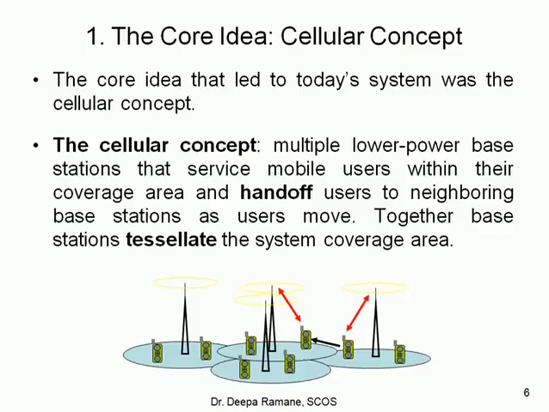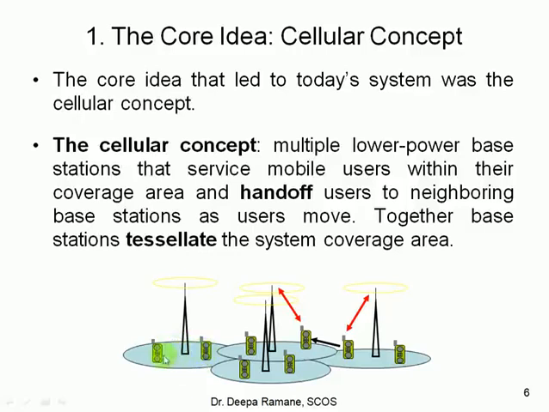You can see the cellular concept in this particular diagram: your big area is divided into different regions and each region is called a cell. Each cell has one tower which controls all the devices present in that particular area.